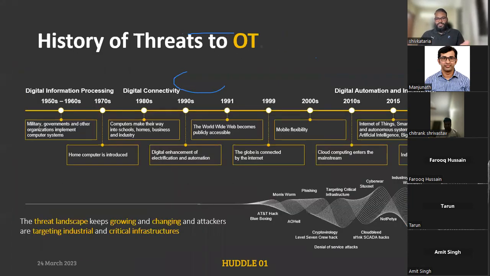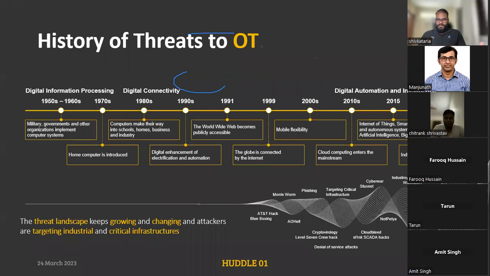So now if you see the history of threats in the OT environment, from the early 90s to the current period is the time when you see real attacks happening to OT systems. Before that, most of the time electronics was generally used for military use or some smaller uses. But when digitalization and new technology came, these technologies began to be used in the production environment as well.